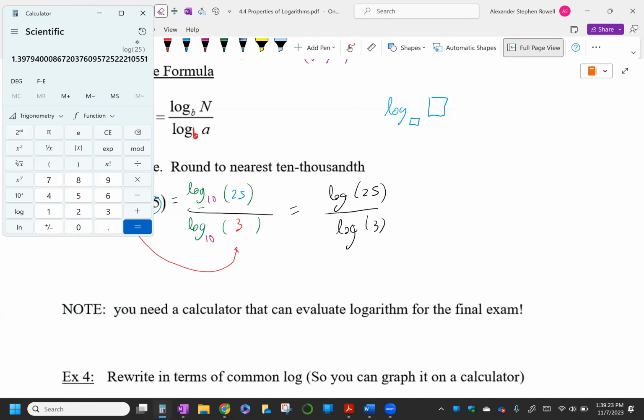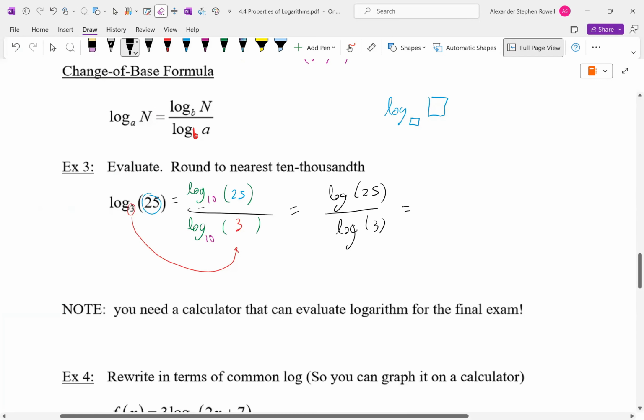That's log of 25, and I'm going to divide it by 3, log of 3, and my answer is... no, not plus, equals. Okay, I don't trust this. What happened?